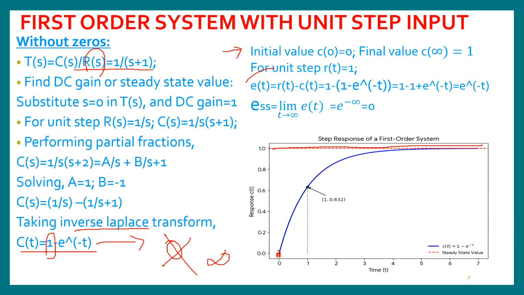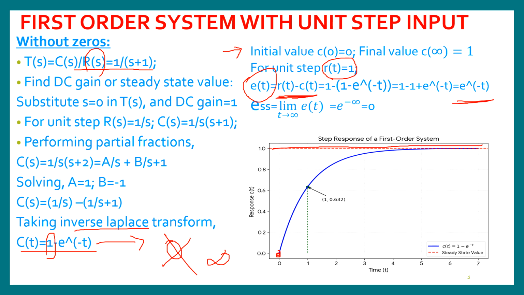Now what is my error e of t? e of t can be calculated as the difference between r of t minus c of t. What is r of t? R of s is 1 by s, so r of t is nothing but 1. So 1 minus the obtained function c of t will give my value e power minus t. So how to calculate ESS? We know the formula of ESS in time domain is limit t tends to infinity e of t.